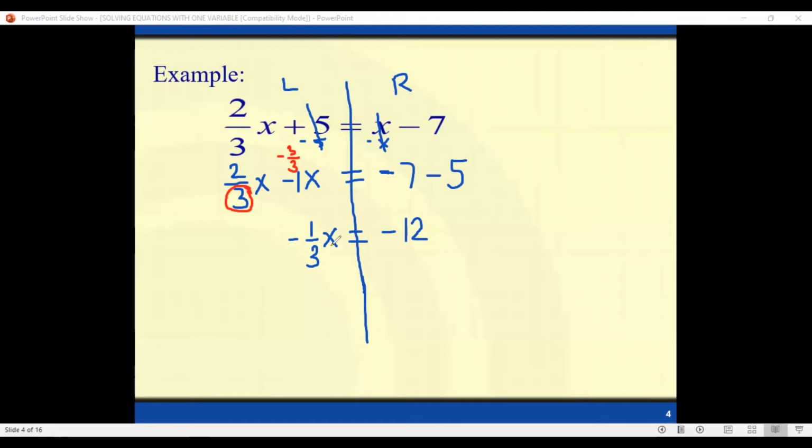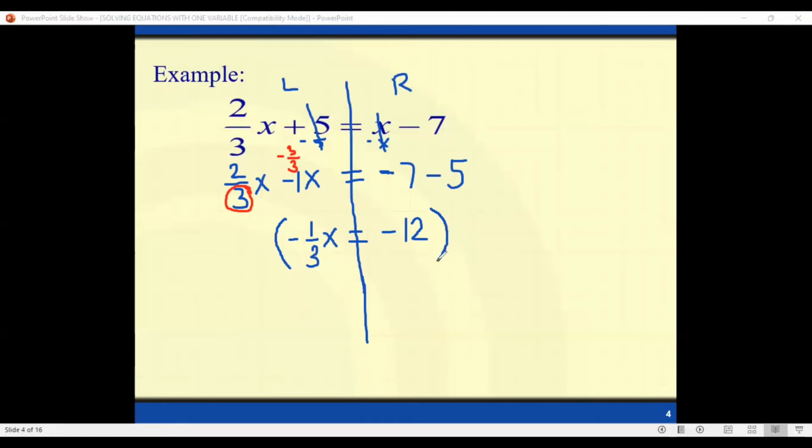Now, you have to look into this. Negative 1/3 of x is equivalent to negative 12. So the thing here is we are multiplying a certain number by negative 1/3, and it results to this number, which is negative 12. Now, again, our purpose is for us to simply get the x. So ask yourself, what will I multiply now, or divide by negative 1/3, so that I will be getting your answer, which is equal to 1.